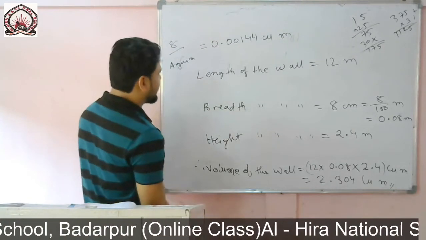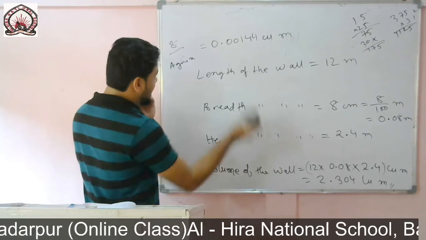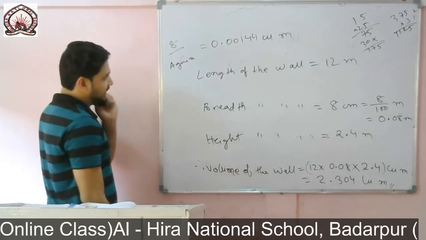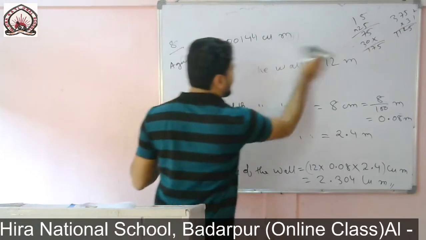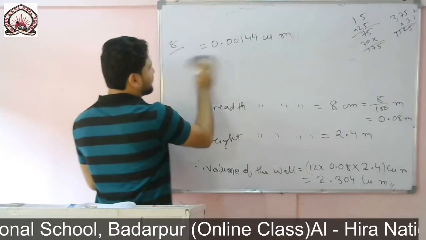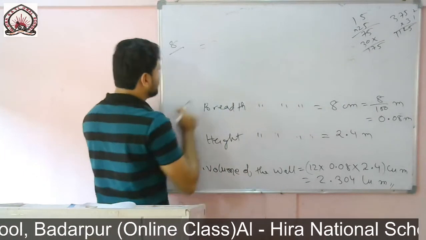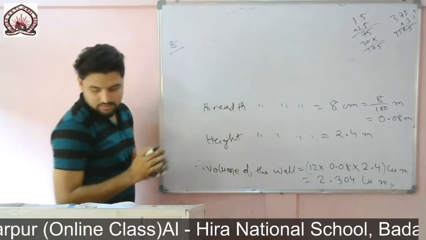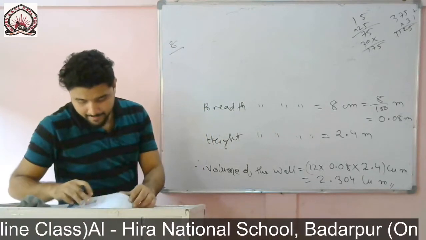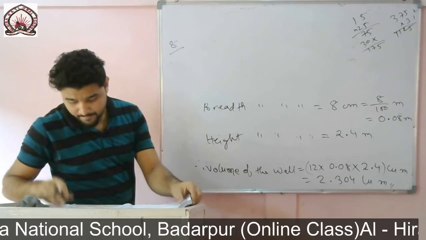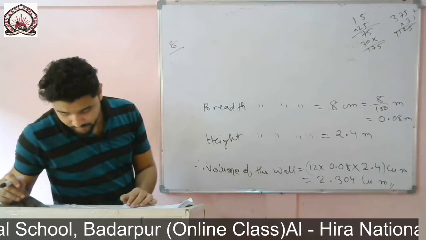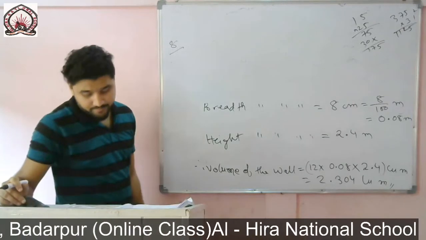Now you divide the volume of the wall by the volume of a brick. Okay, so write, how many bricks.